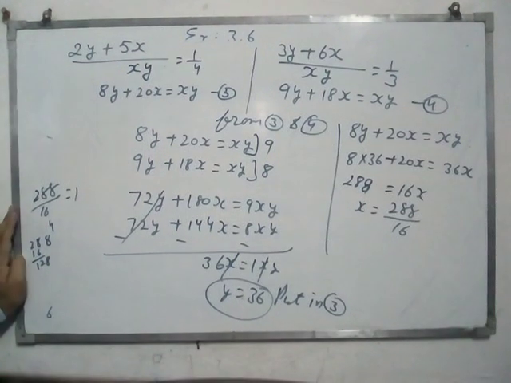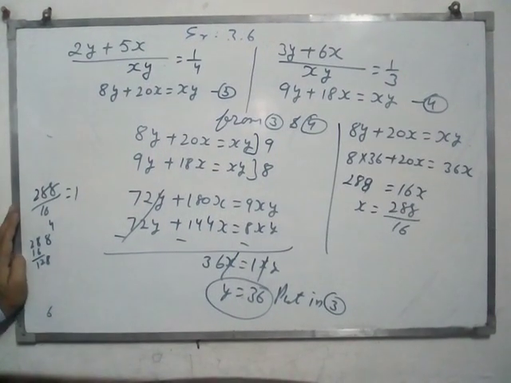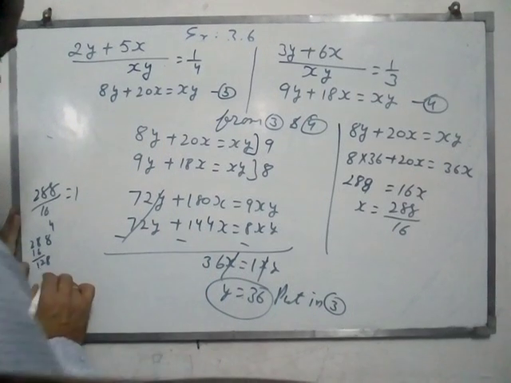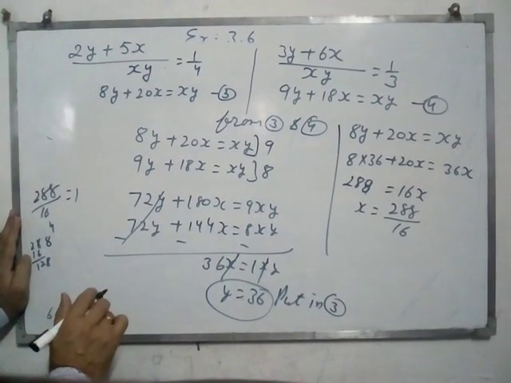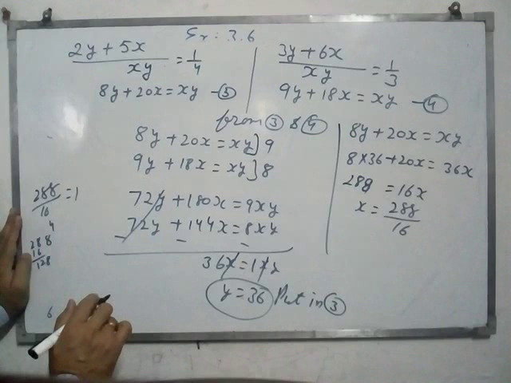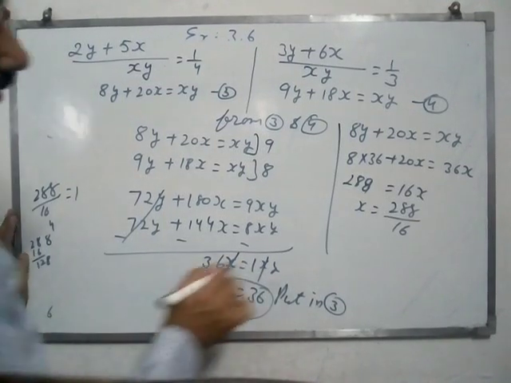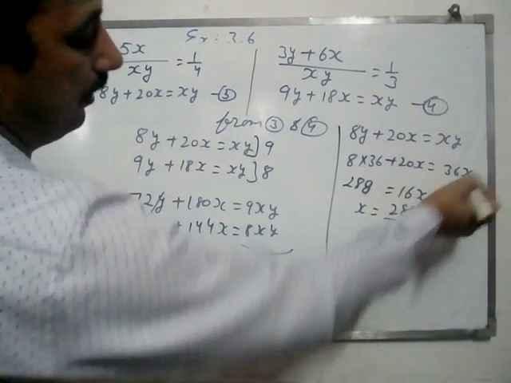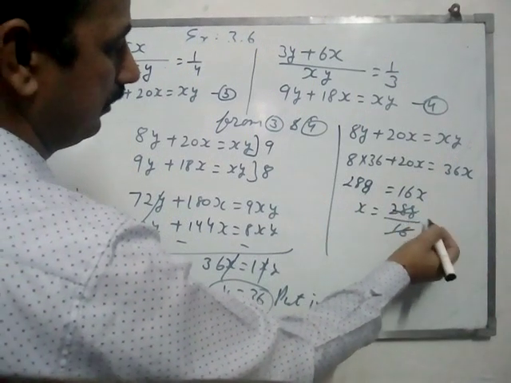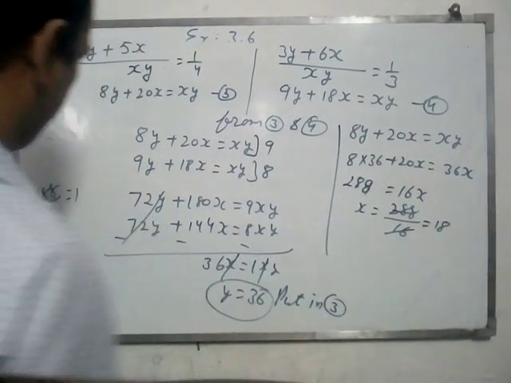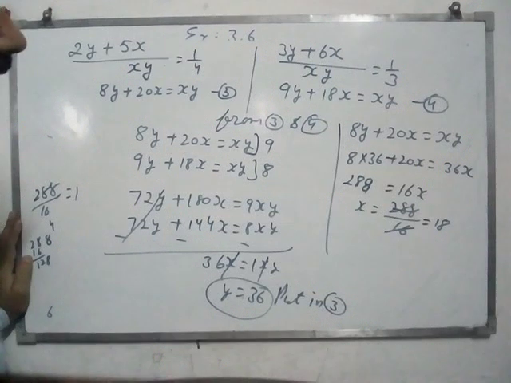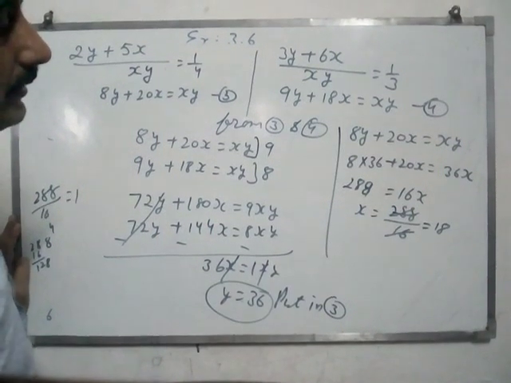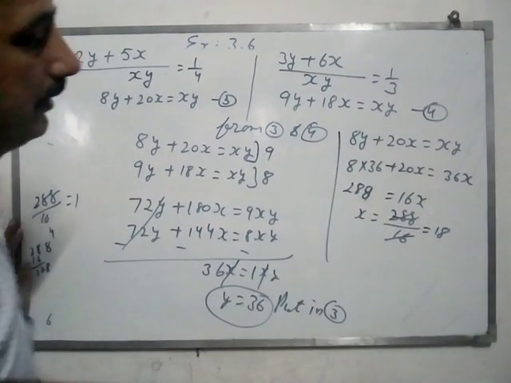So it becomes 18, right? So in such a way we find the value of x and y, right?